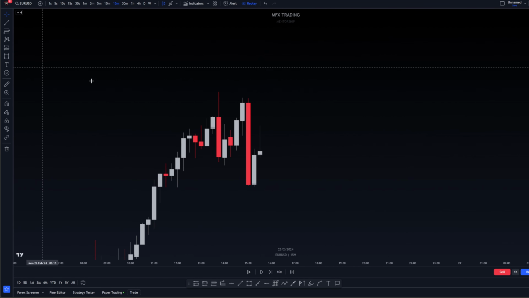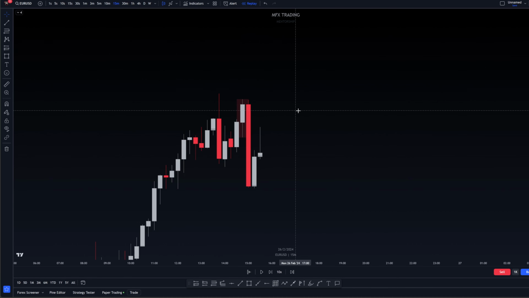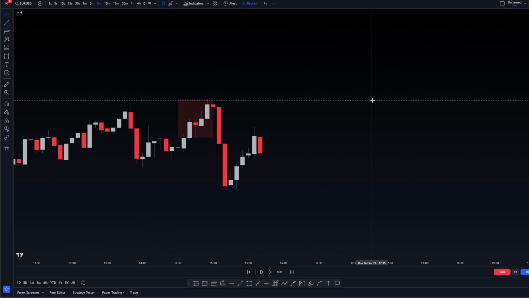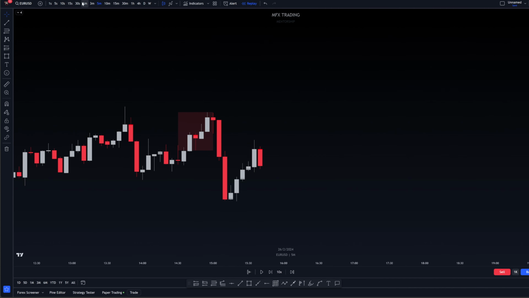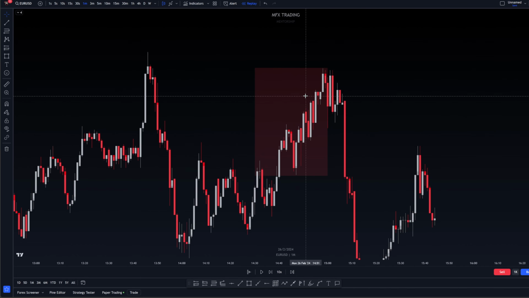So this 50-minute candle, which opens right here and closes right there, let's draw it from the top to the bottom. So now, if we go to our 5-minute, you will have 3 candles inside. If we go to our 1-minute, there are 15 candles showing you information inside.